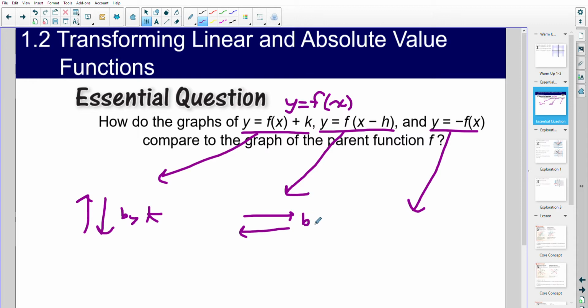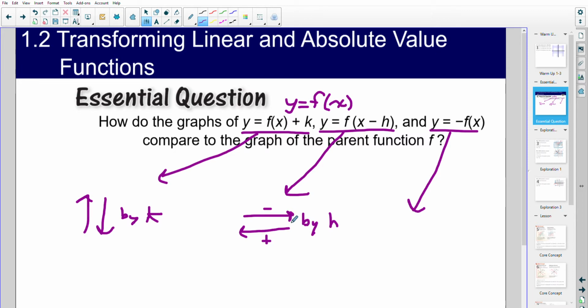So that's by h. In fact, if h in this situation is positive, it's going to go to the left. If it's negative, which means minus a negative number, that's going to go to the right, excuse me.